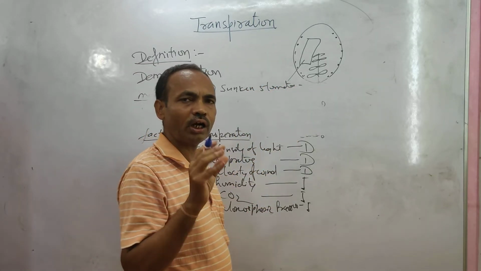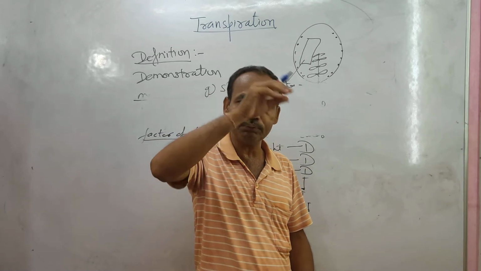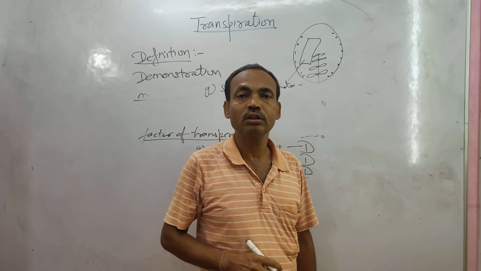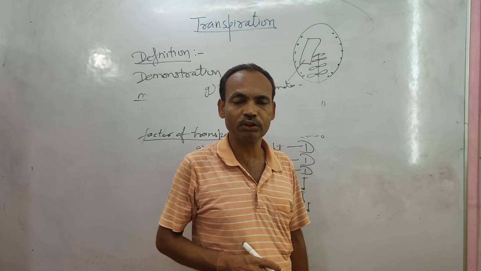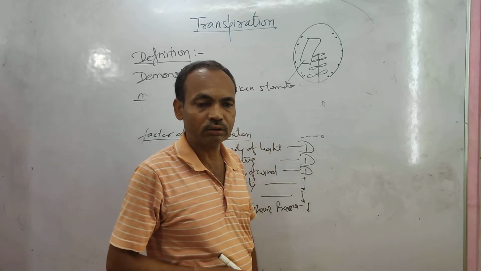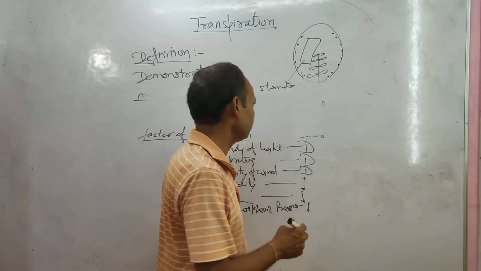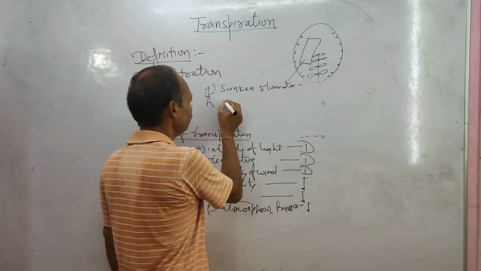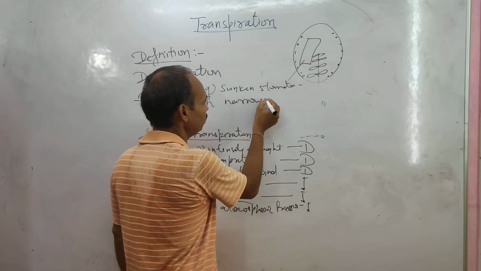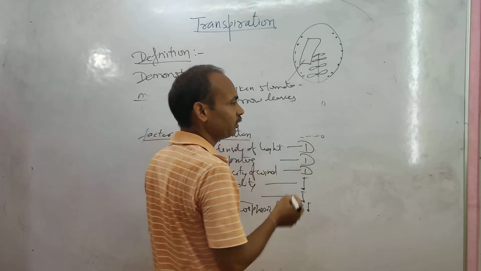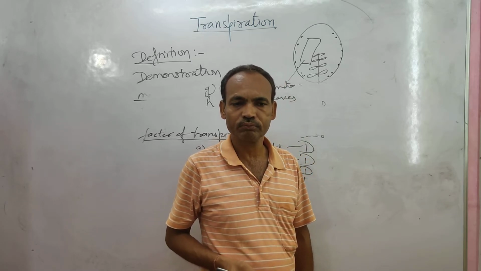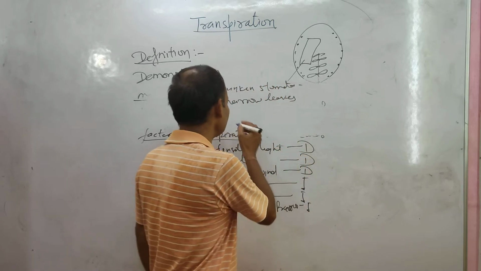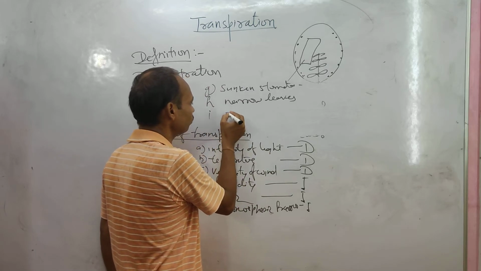If stomata are embedded within the leaf, there is less transpiration, and it helps to reduce transpiration. The next point is narrow leaf. If leaves are narrow, there is a reduction in transpiration.